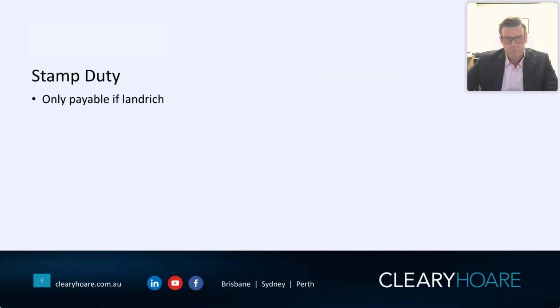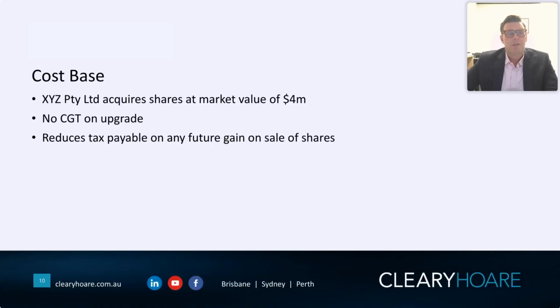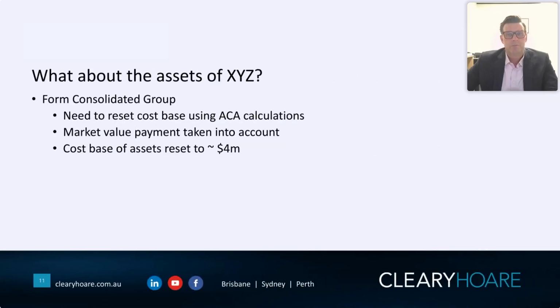Now, the other thing that happens when you form a consolidated group is you need to reset the cost base of CGT assets in subsidiary members and the head company as well. And to do that, there's a calculation set out, which is effectively 13 steps. And when you do that calculation, you end up with what's called the allocable cost amount.